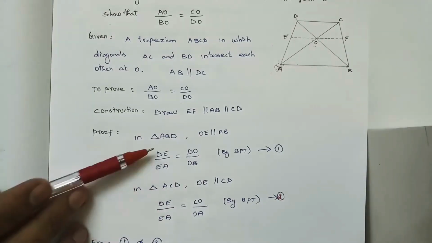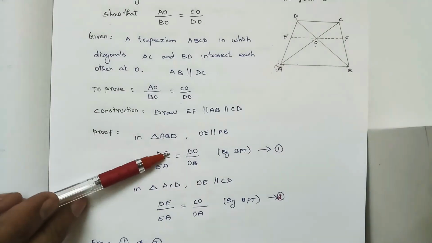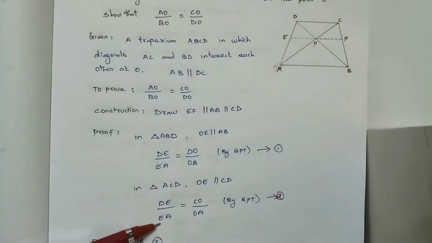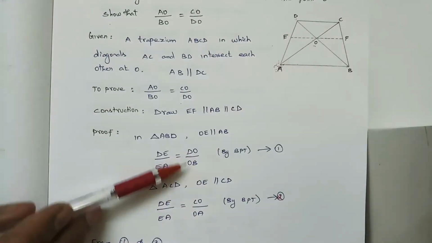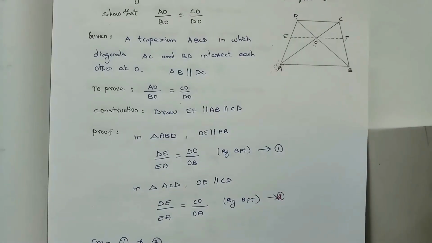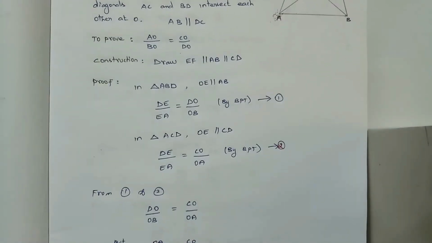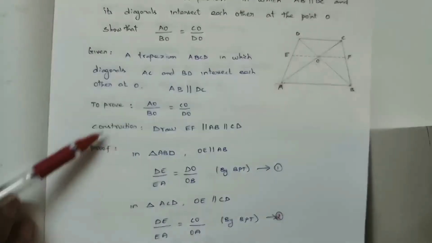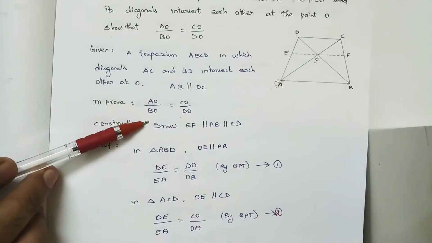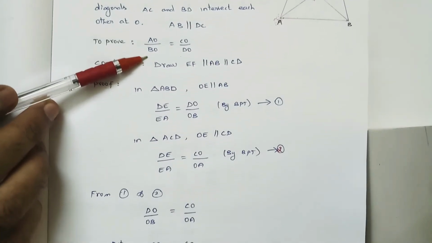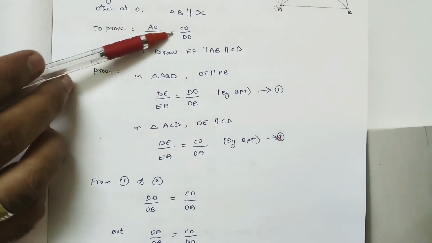So from equations 1 and 2, the LHS, DE by EA, is equal to DE by EA. So the LHS are equal, just take the RHS. DO by OB is equal to CO by OA. But what we want to prove is AO by BO is equal to CO by DO.